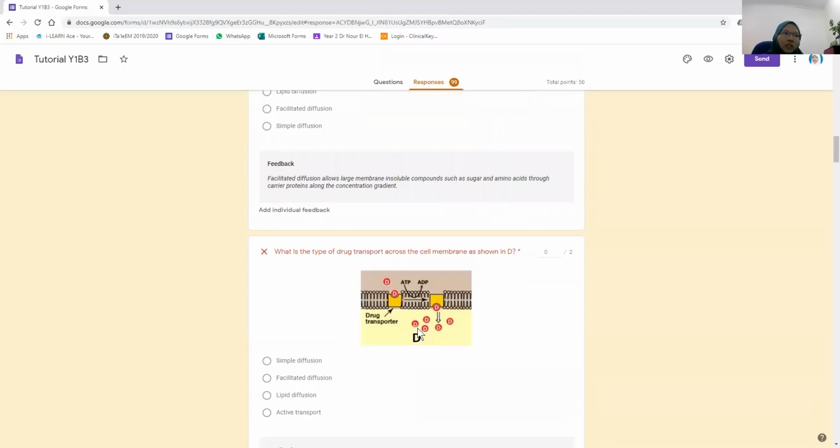While for D, it is a movement which occurs against the concentration gradient. For the passive, it was through the concentration gradient, but for the active, it's against the concentration gradient. So that's why they need energy, right? Such as in the sodium, potassium, ATP pump.